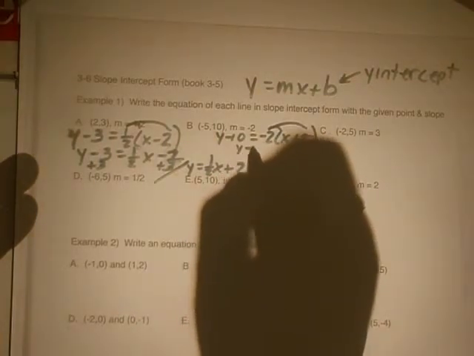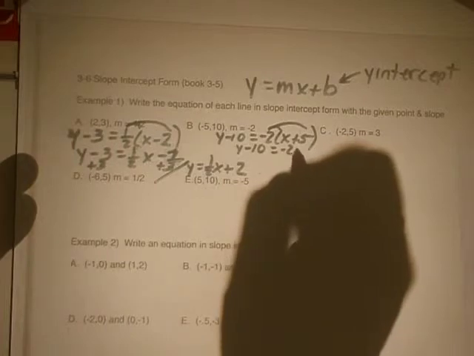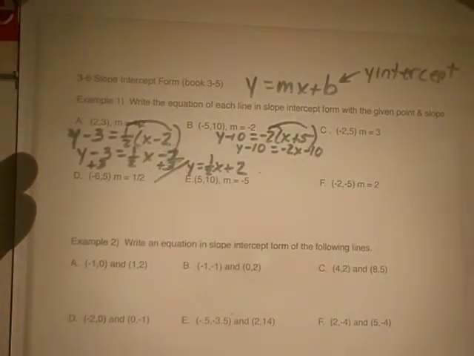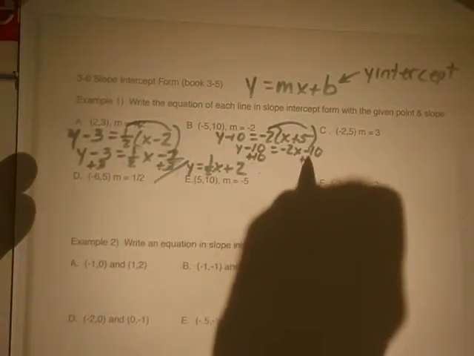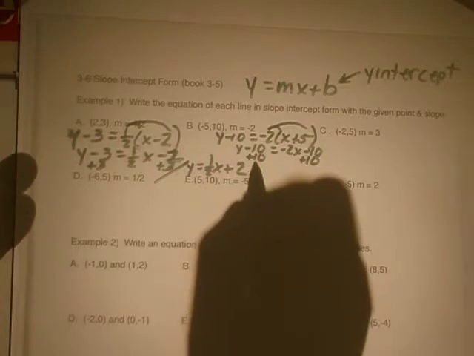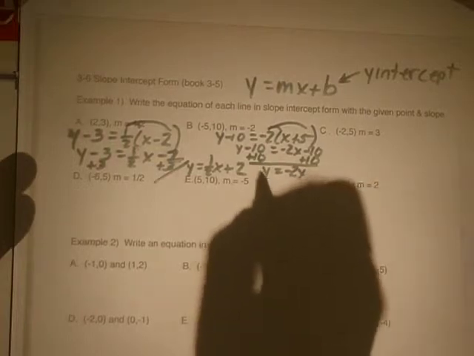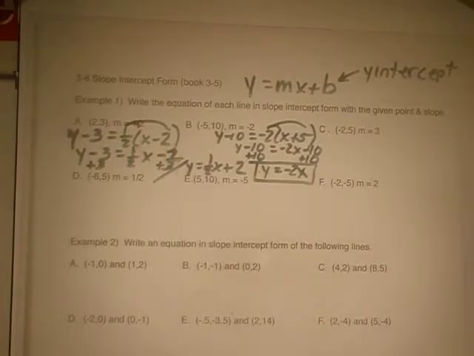You end up with y minus 10 equals -2x minus 10. And then from there you add 10 to both sides. And in this case we end up with y equals -2x. So you start with point slope form and then solve for y.